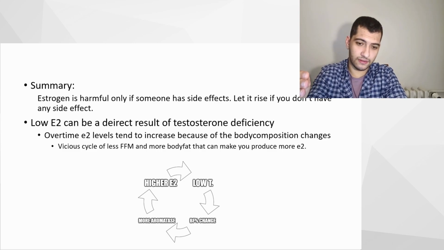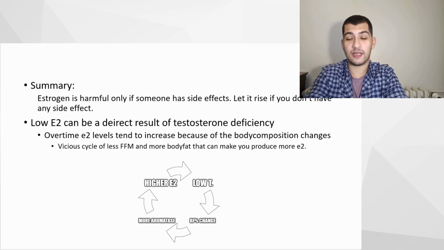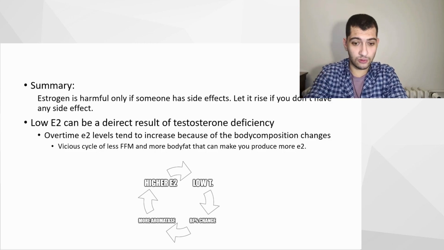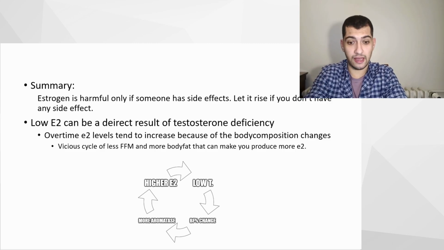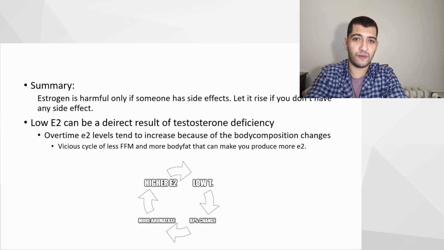Because of the low testosterone, the body fat percentage changes. They lose muscle and gain a bit of fat, and that means more aromatase enzyme and more aromatization, which means higher estrogen, and higher estrogen feeds the feedback loop and tells your body to produce less testosterone.